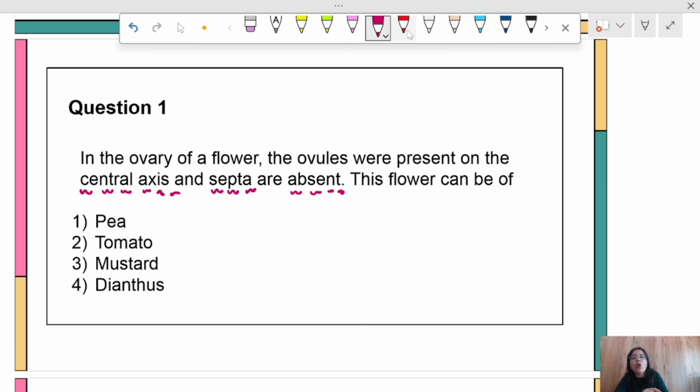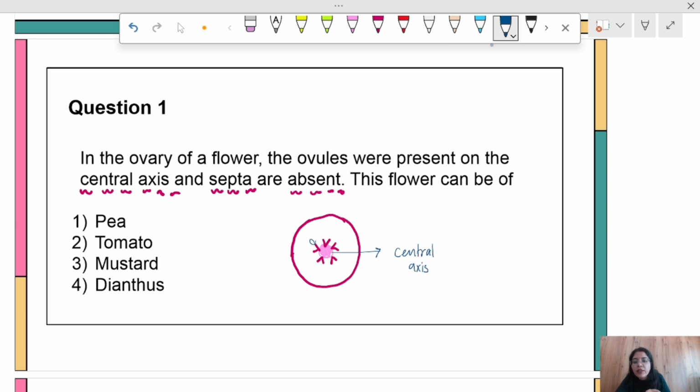Okay, so if I want to draw, how can I draw this kind of flower? Just assume that this is the transverse section of an ovary, right? In the center there is a tissue. You can call this the central axis, and the placenta is borne on this central axis. And to this placenta what is attached?